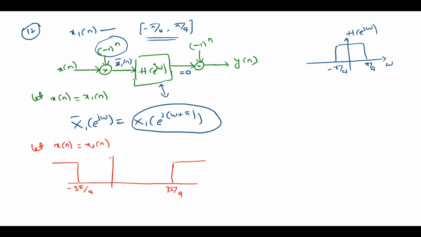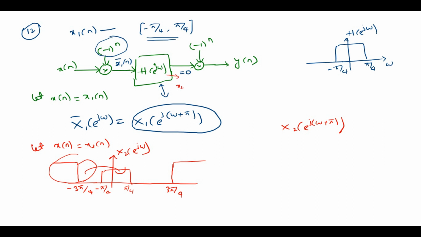This is x2 of e power j omega. So then x2 of e power j into omega plus pi. So what happens? This spectrum is shifted within the range from minus pi by 4 to plus pi by 4. Okay. So the same signal, the x2 signal, will be passed through the filter.